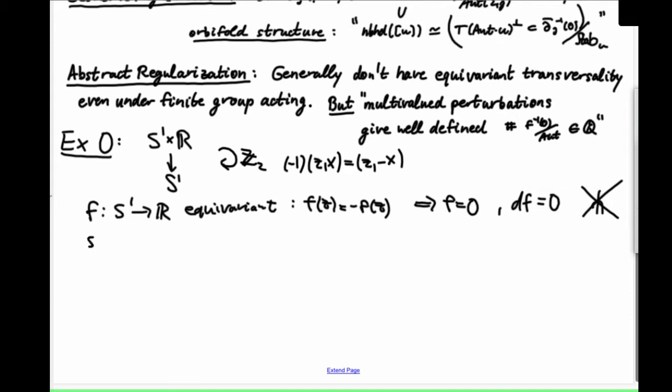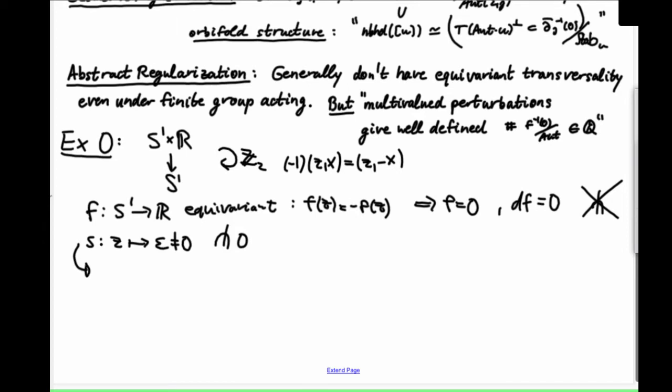So for example, just mapping every z to some constant epsilon. That's not 0. That's certainly transverse, because it has no zeros, which it even would need to have non-zero derivative. But it's not equivariant.